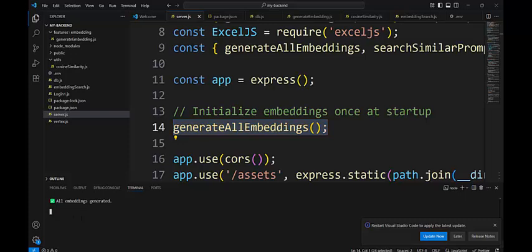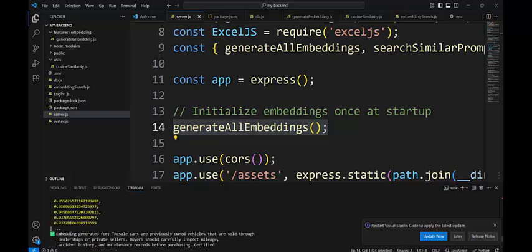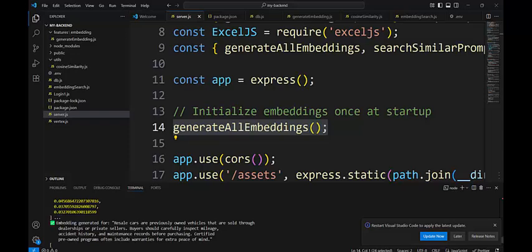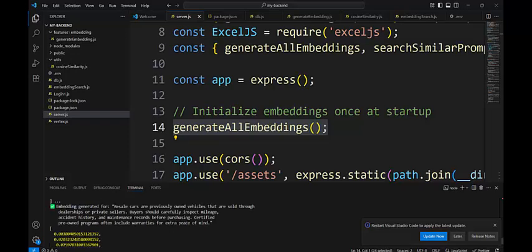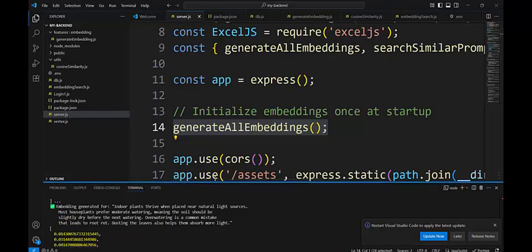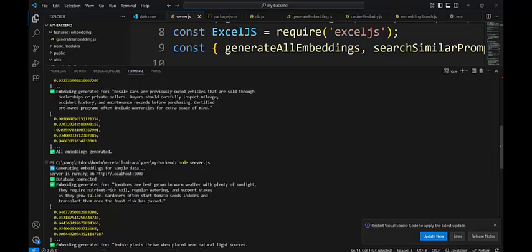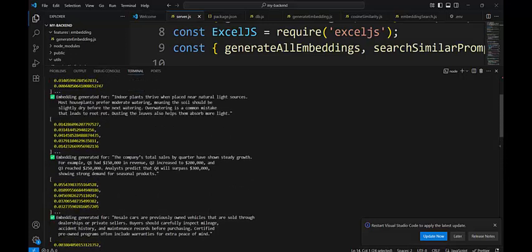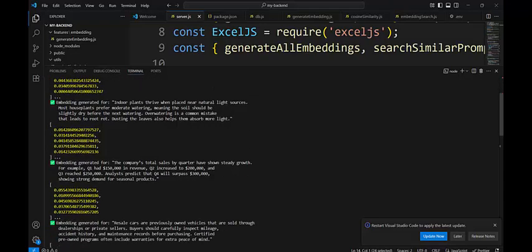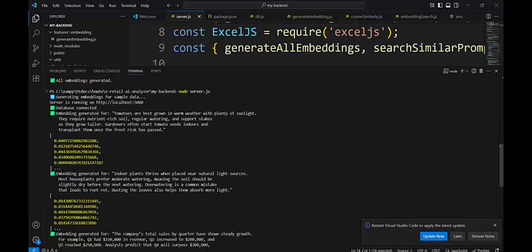When I stop the server and now again start, now the server.js, look at what happened.